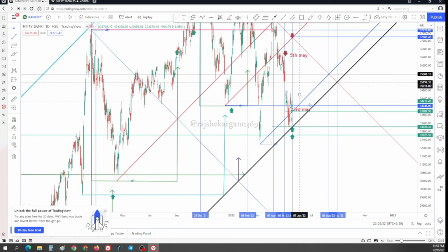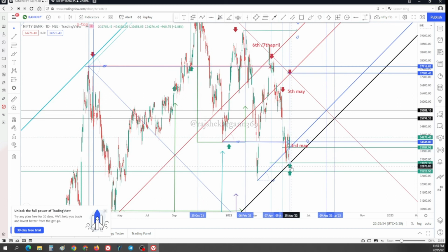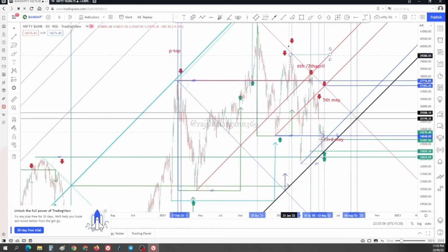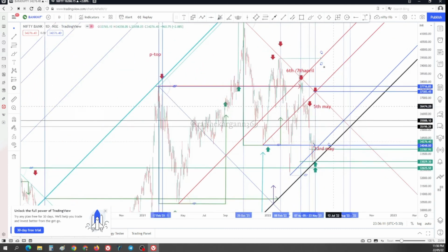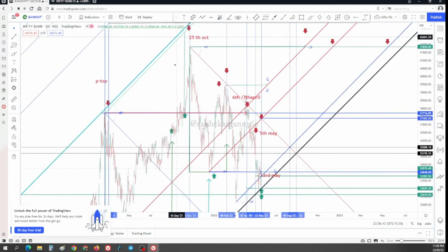Whatever times we discuss here are all dynamic time cycles, which are based on the price and the vibration of the chart. Now, whatever dates I'll be sharing in the next video will be static time, right? That is mathematical time.